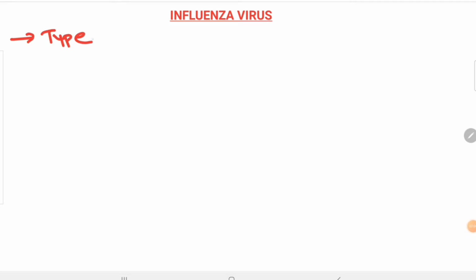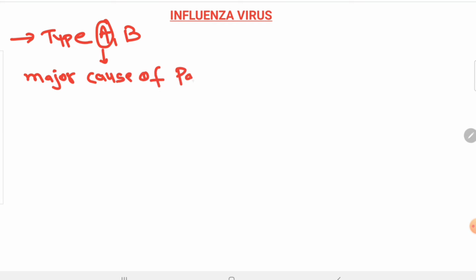Now let's see some details of influenza virus. Type A and B varieties of influenza virus can cause pneumonia, and particularly type A is the major cause of pandemic and epidemic. All right.